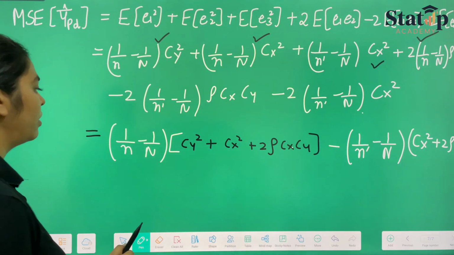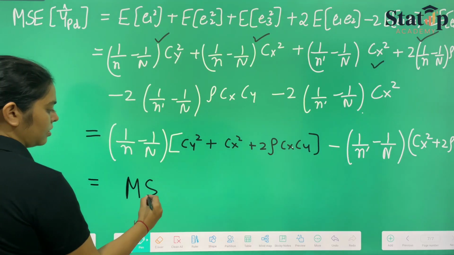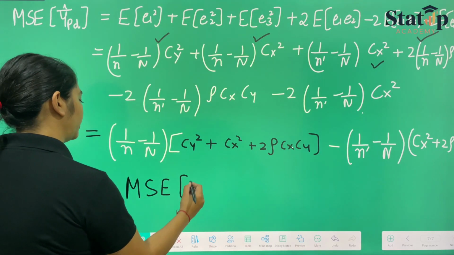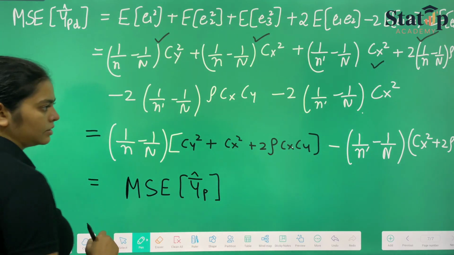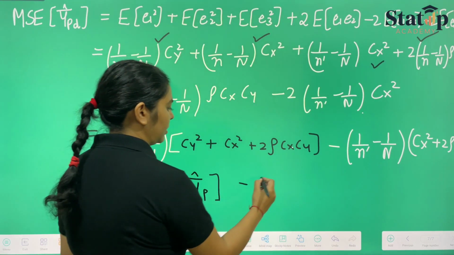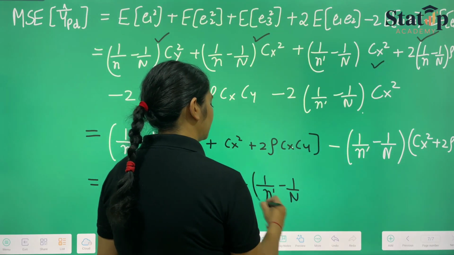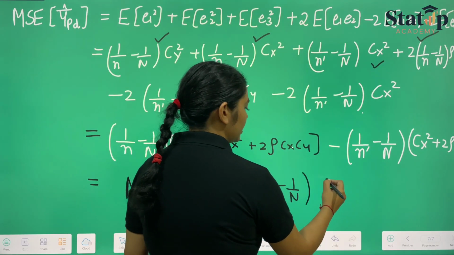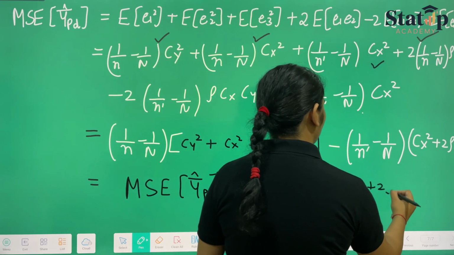So now we all know that this is the MSE of the product estimator of single sampling, which we denoted by this symbol, and this is nothing but 1 upon n prime minus 1 upon capital N into Cx plus 2 rho Cy.